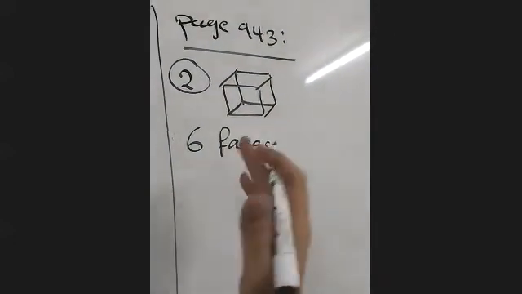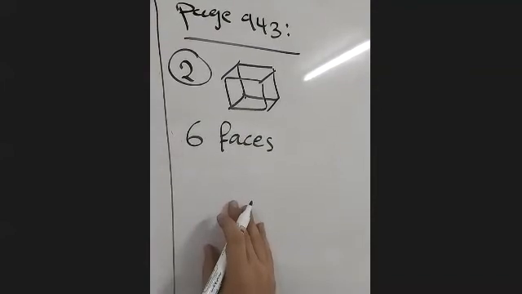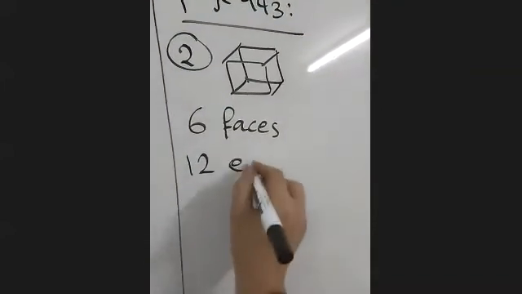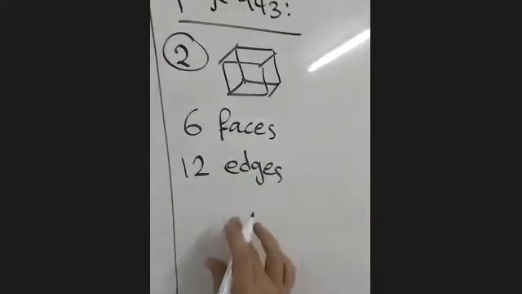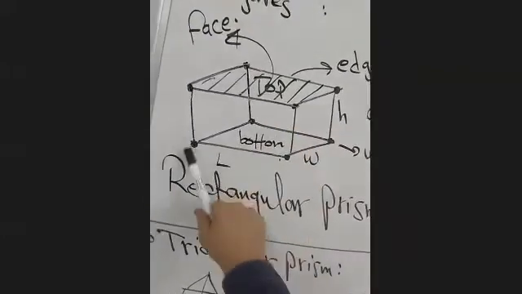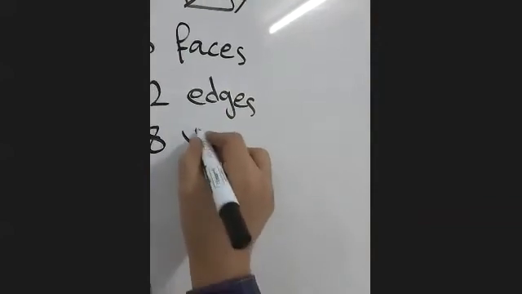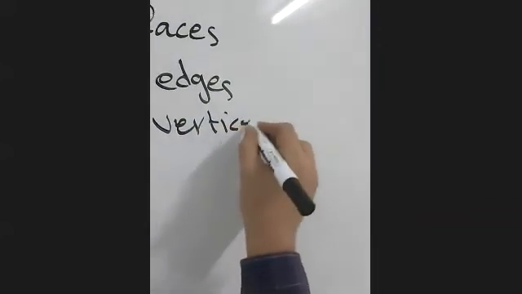And how many edges? 12 edges. How many vertices? 1, 2, 3, 4, 5, 6, 7, 8 vertices. What do we call it?